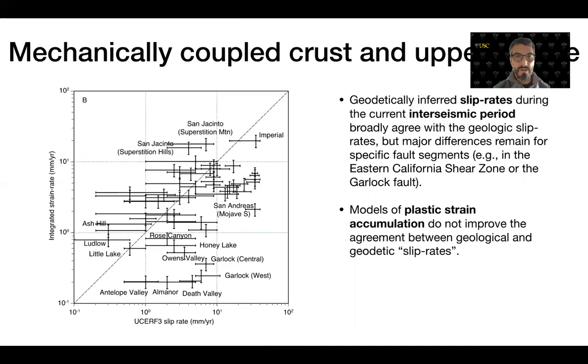And these two quantities show a good agreement for faults with fast slip motion, but less so at lower slip rates and for faults that are in an extensional environment. Nevertheless, this is also a strong indication that there is significant interactions and mechanical coupling between mantle flow and crustal deformation.